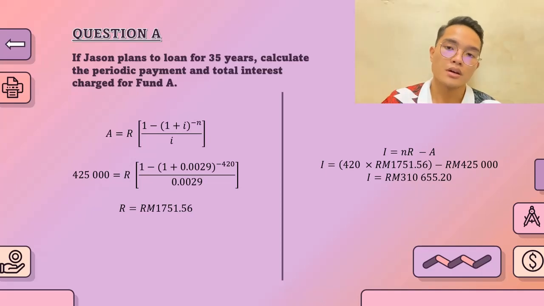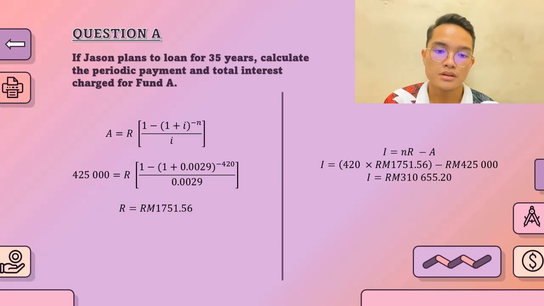As we can see here, we will use the formula for the present value of an ordinary annuity, which is A equal to R multiplied by 1 minus open bracket 1 plus I close bracket power negative n, over I. How do we find I?